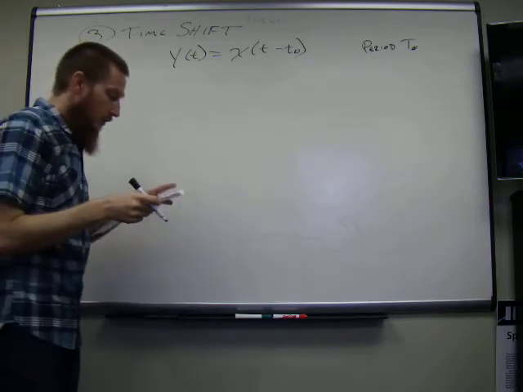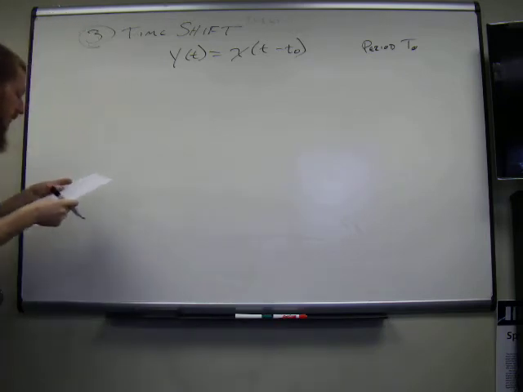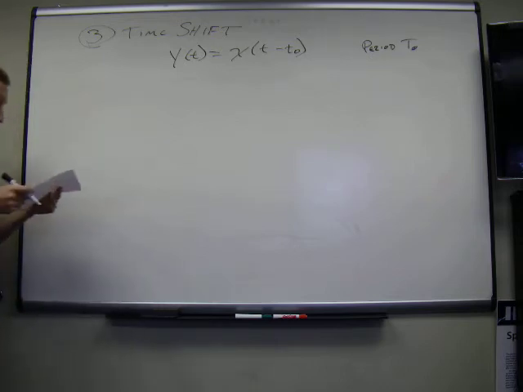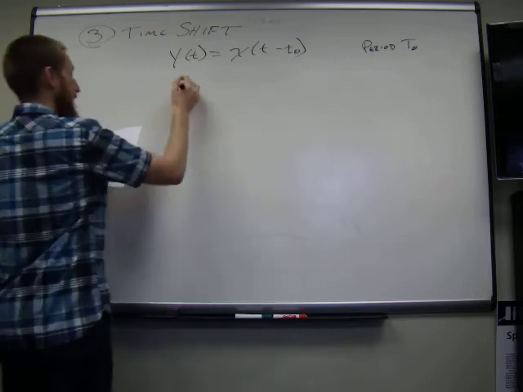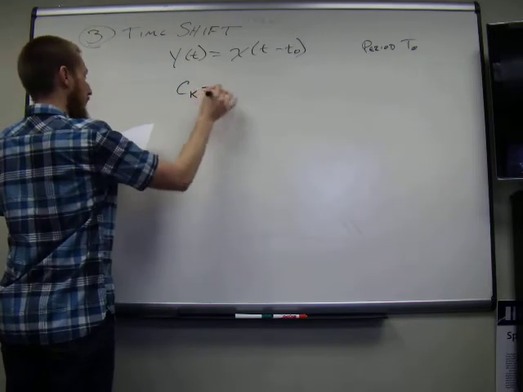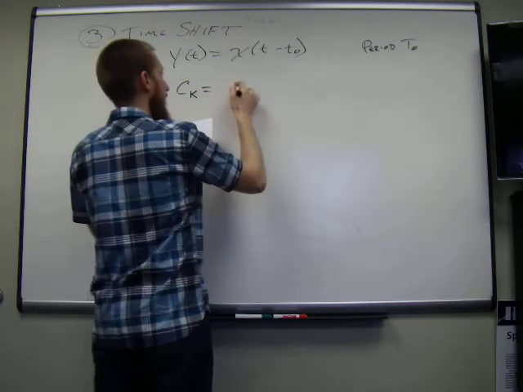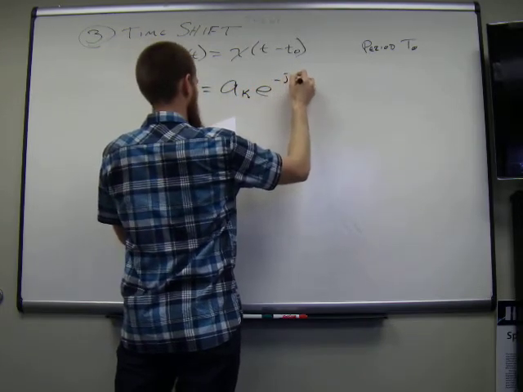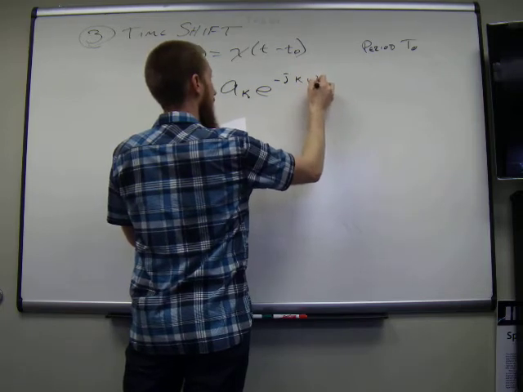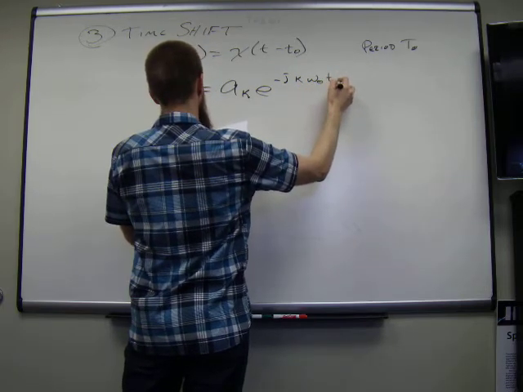So this shows it also has a period of t naught and its Fourier coefficients, c of k. So the Fourier coefficients are equal to a of k, exponential of negative j, k, omega naught, t naught.